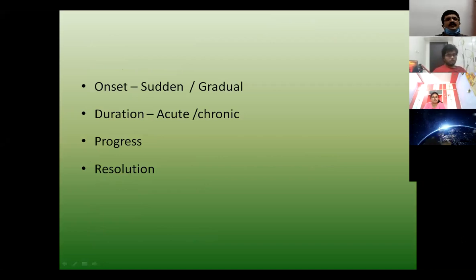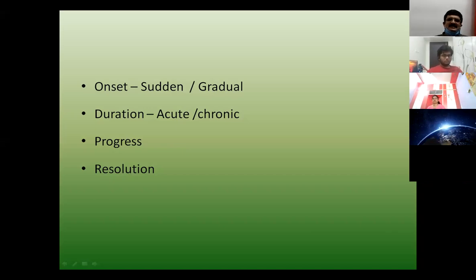So whenever each complaint presents to you, you have to evaluate in terms of onset of the clinical symptom. Remember, a clinical symptom is something which is told to you by the patient.